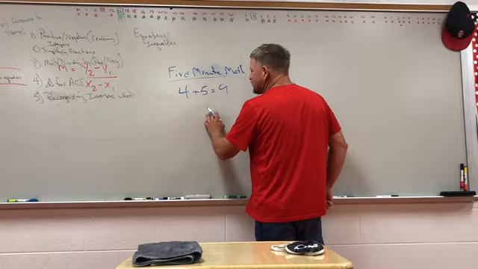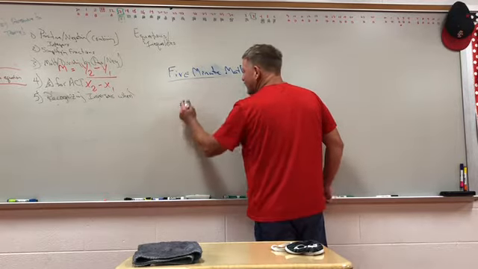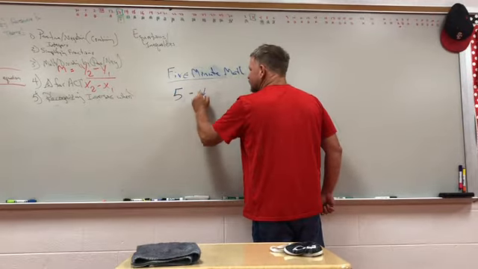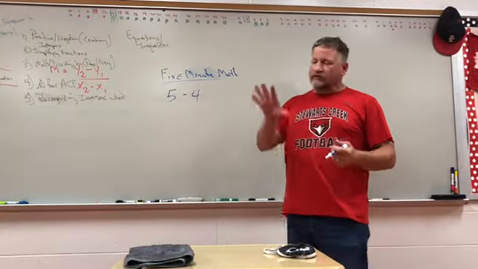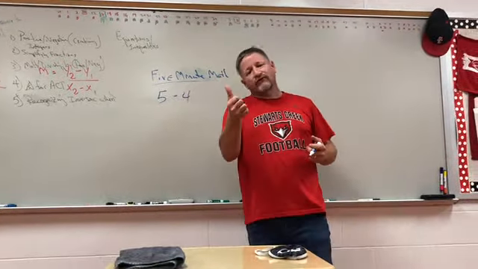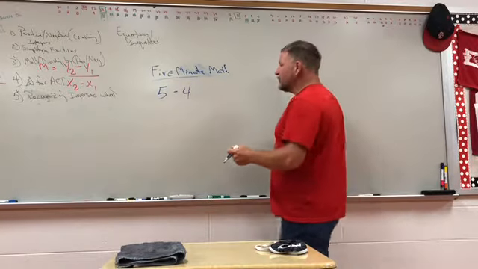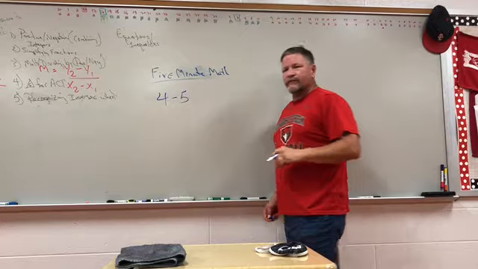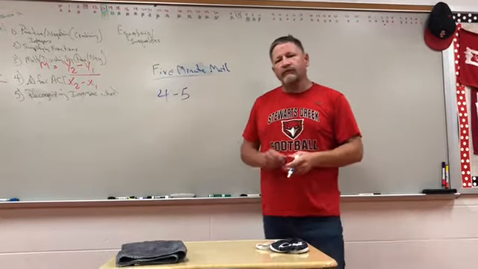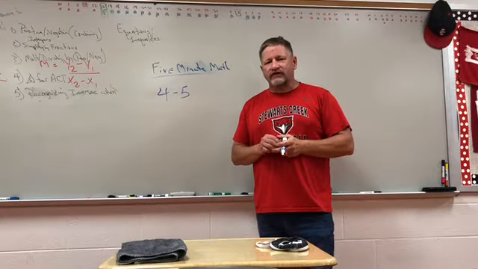What if I were to change these up a little bit? Okay, and let's say I had a 5 minus 4. Well, that's pretty simple. 5 minus 4 is 1. Okay, most of us, if we have to, we can finger count. 5 take away 4, that leaves 1 left over. But what if I flip those around? What if I had 4 minus 5? Okay, 4 minus 5. So there's a couple different ways to think about this.